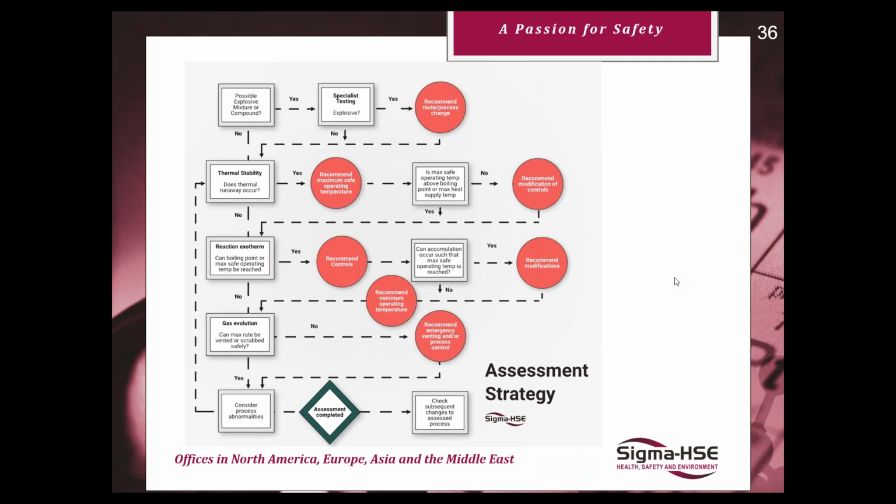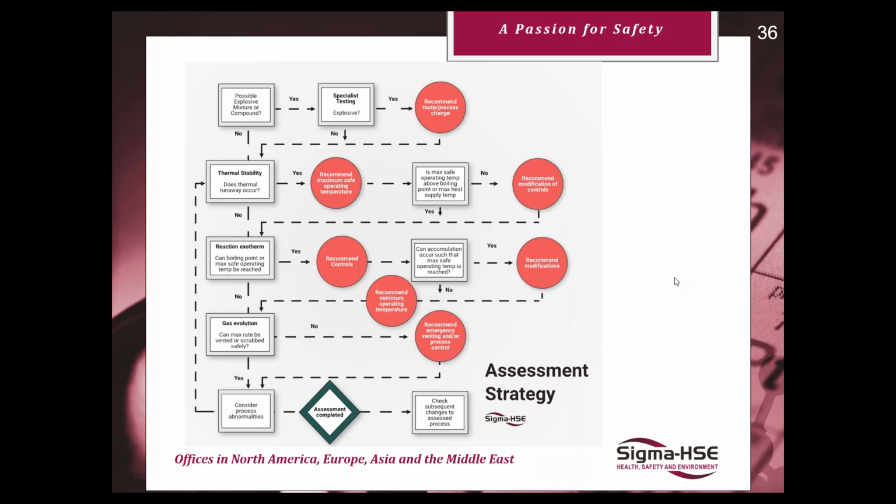And then right at the bottom, again, consider process abnormalities. Have you considered anything that may go wrong with your plant to trigger one of these other potential events? It's always good to come back to that at the bottom, just in case anything has been missed the first time through.